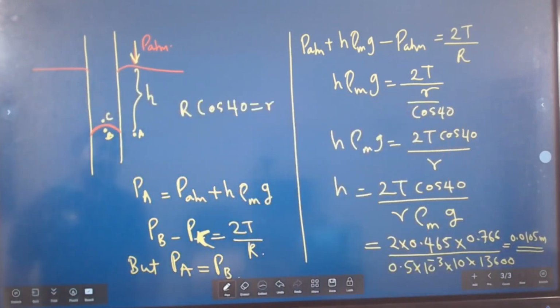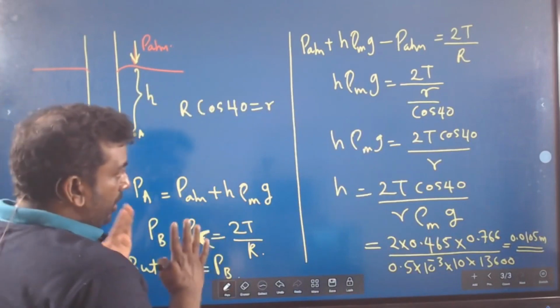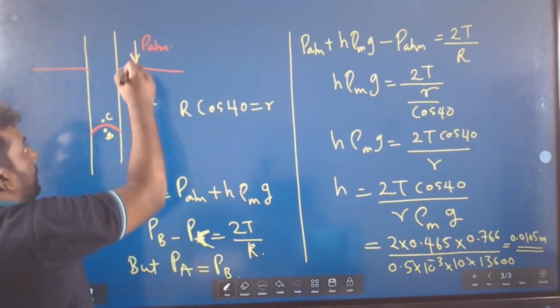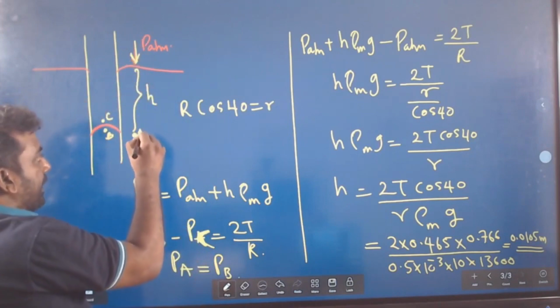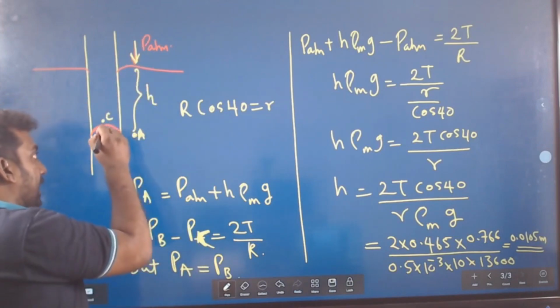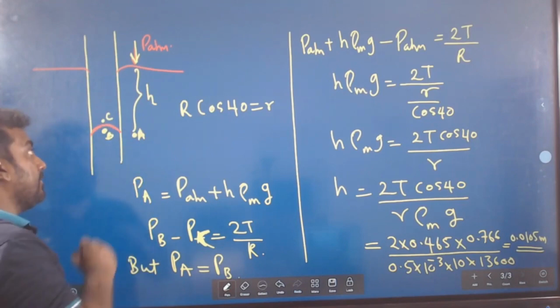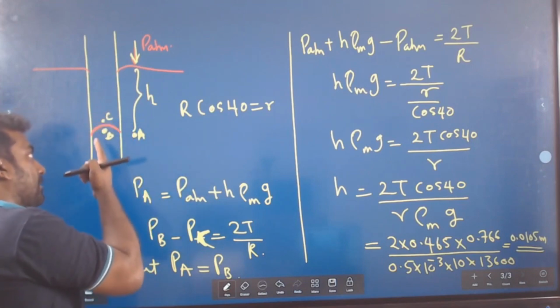Right. So, how do you solve capillary problems? Here P atm plus h rho g is pressure A. Pressure A equals pressure B, same level. It's bent downward, so pressure PB is larger.